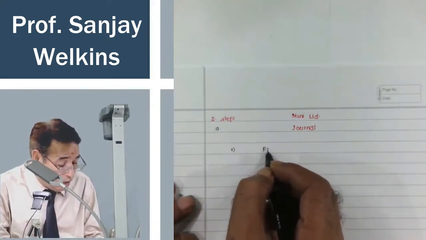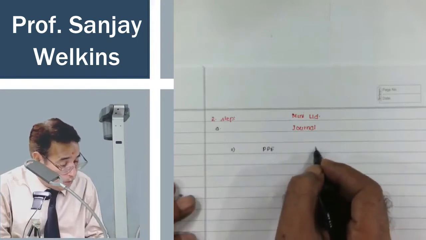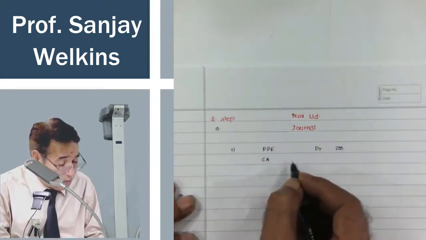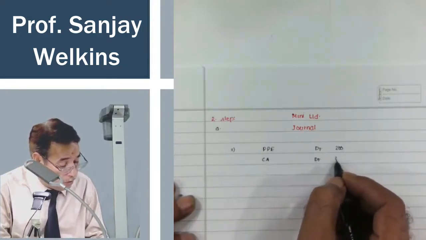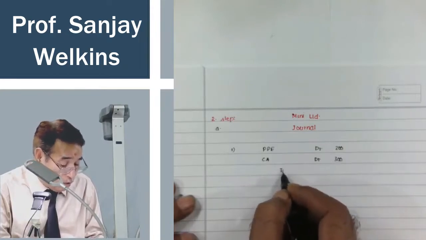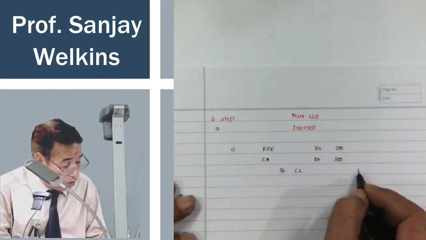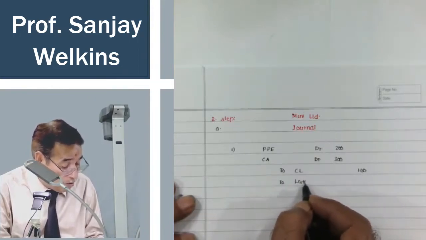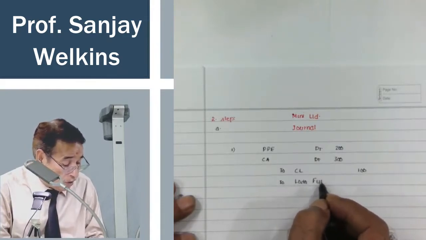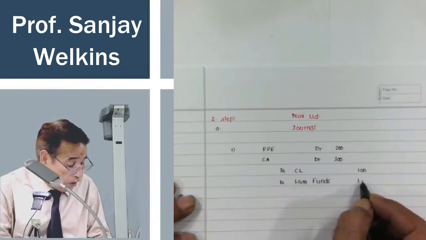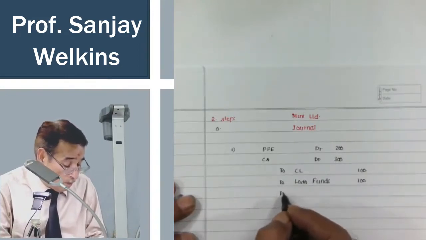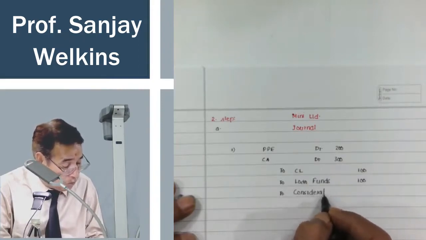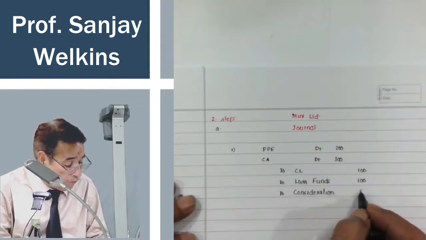They have taken over our mini division's property, plant and equipment worth 200. They have taken over current asset of mini division worth 300. They have taken over current liability of mini division worth 100. And they have taken over loan funds of mini division worth 100. And the consideration which they would pay us is equal to 50.